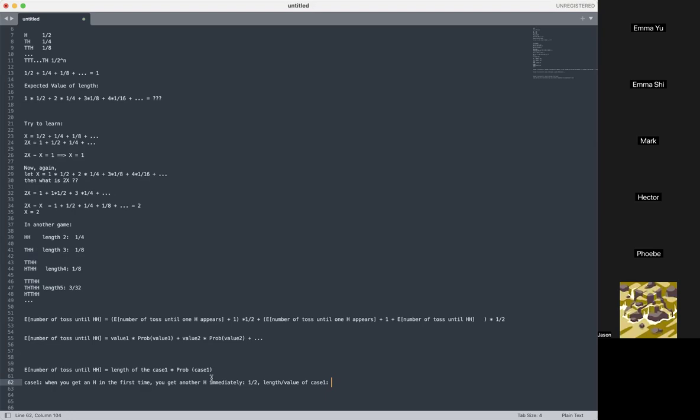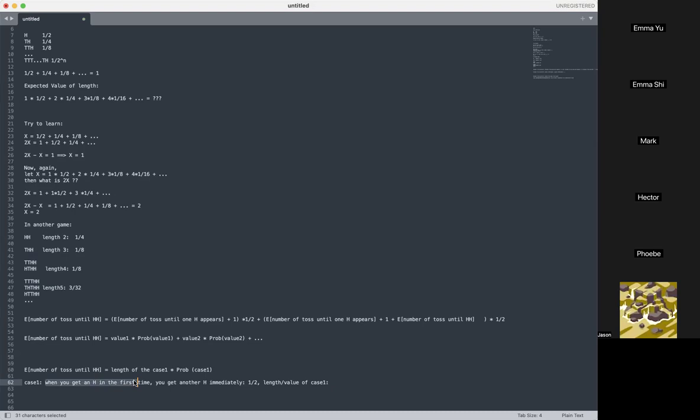Emma, you can answer this question. So say we get an H for the first time, and then we get an H immediately. What is the total number of tosses? No, we first need to get an H. In order to get an H, you cannot just throw an H, right? You may throw a lot of T and then get an H, right?